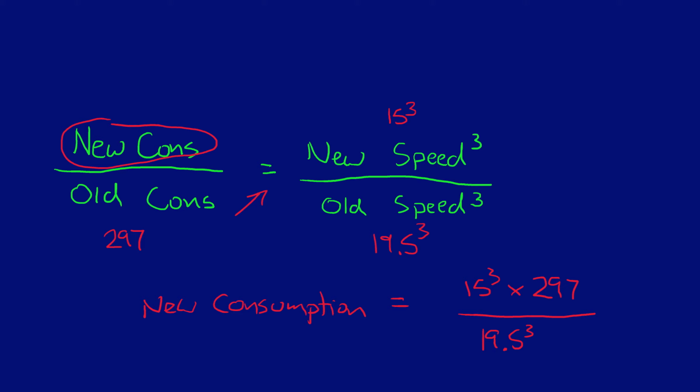And that works out to be 135.184. And that corresponds with the Coast Guard answer of 135 barrels. That's A.